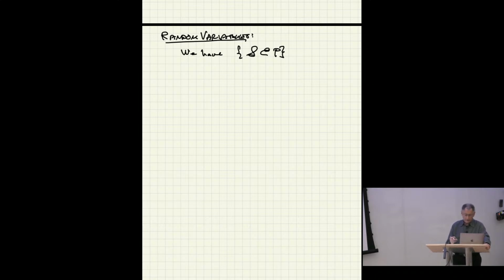Now, a random variable is a variable whose value depends upon the outcome of a random experiment.